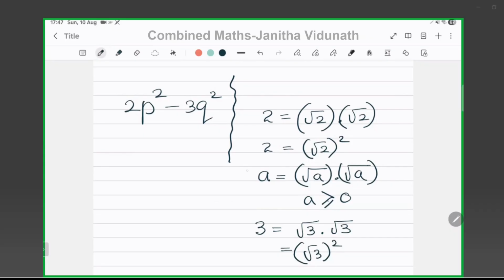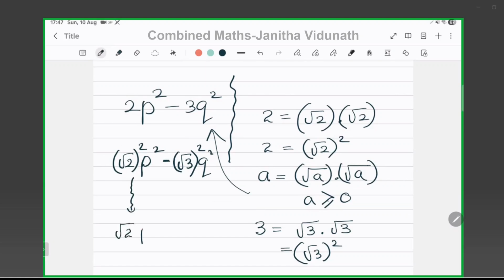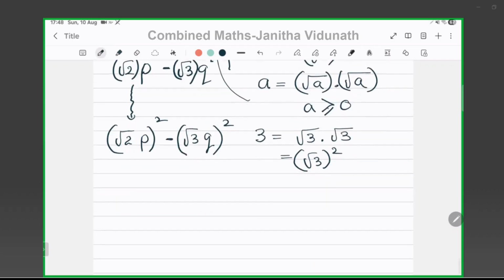Then we can apply this to simplify the expression. Simply we can think of 2 as root 2 whole squared with p squared, and 3 as root 3 whole squared with q squared. Then we can think of the first term as root 2p whole squared and the second term as root 3q whole squared.